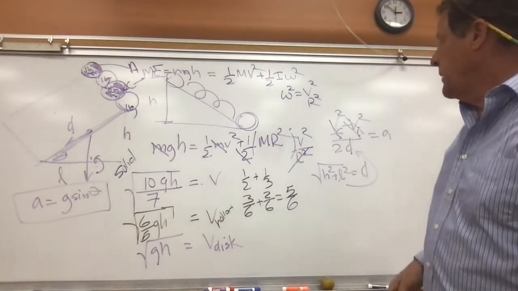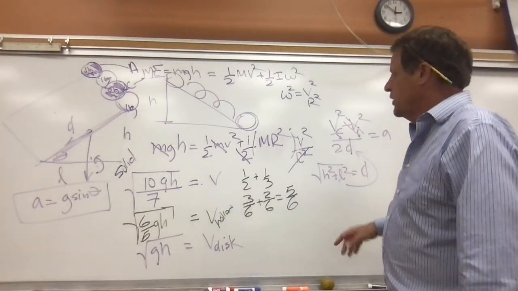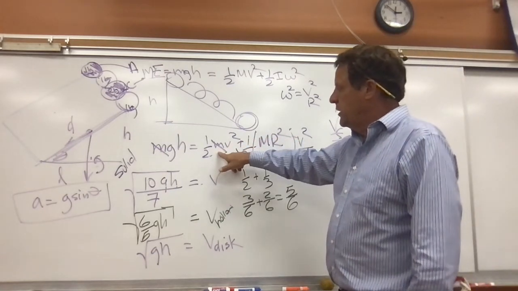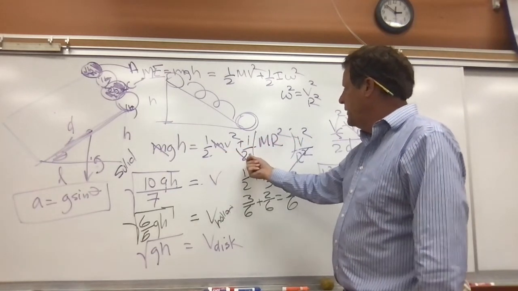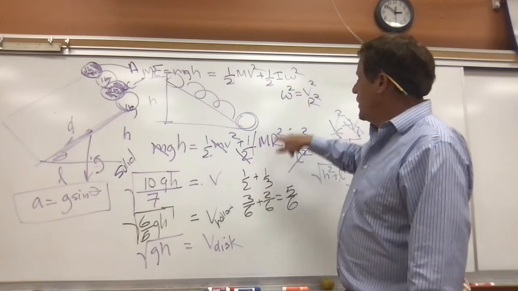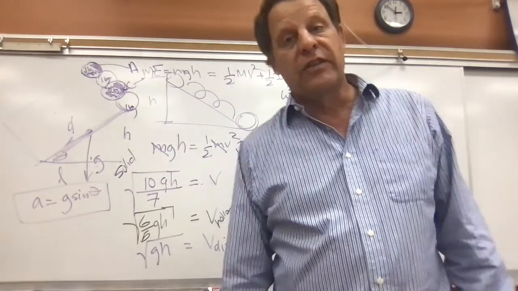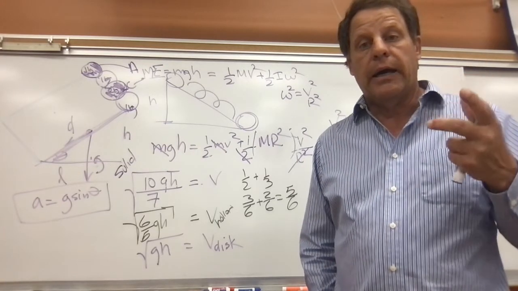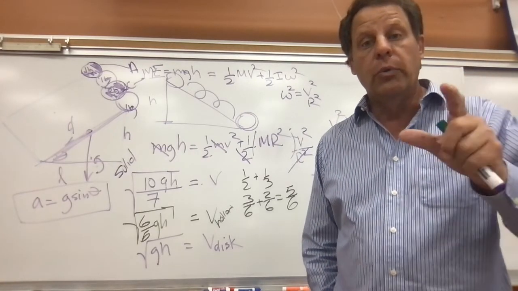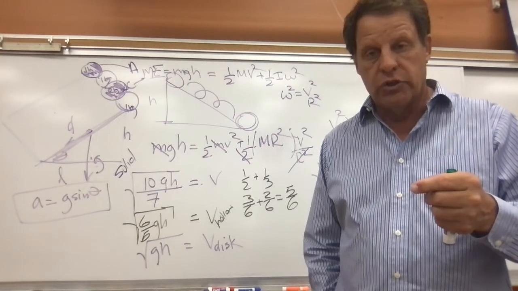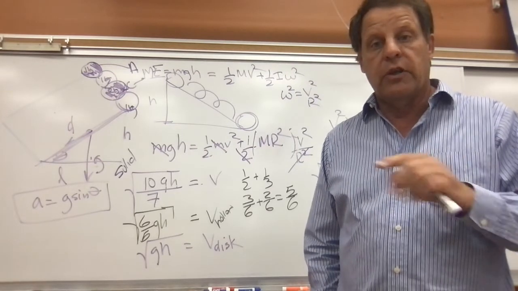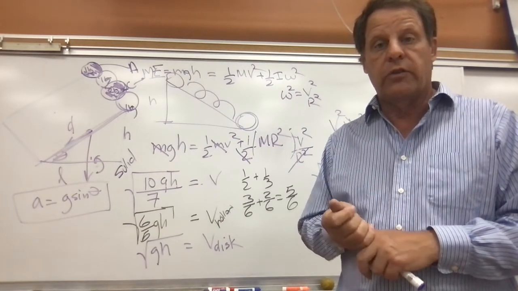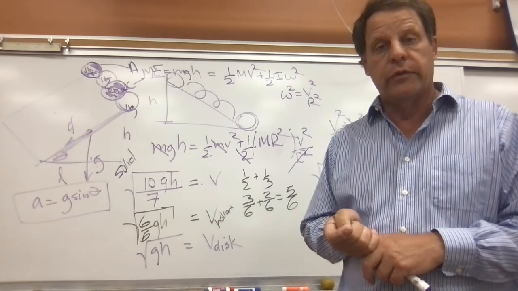So remember the moment of inertia: the hoop is going to have the highest moment of inertia because it's just going to be mr squared, where the hollow sphere is 2/3 and the solid sphere is 2/5.